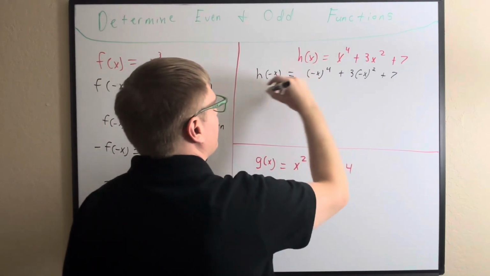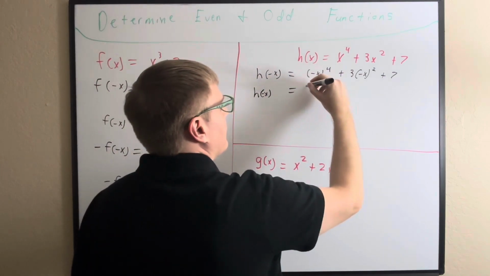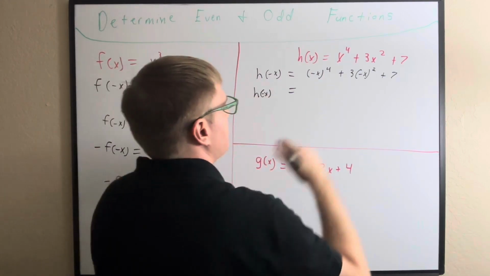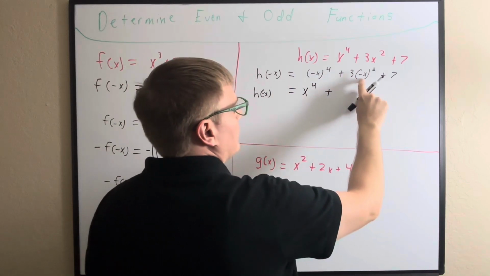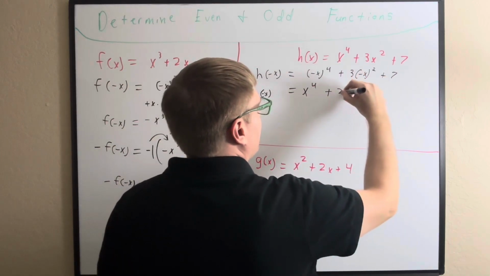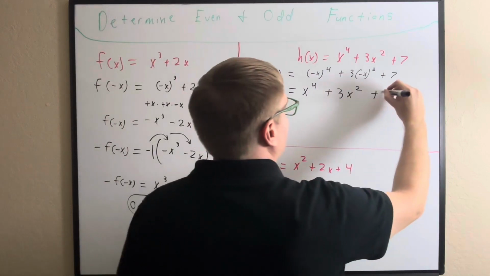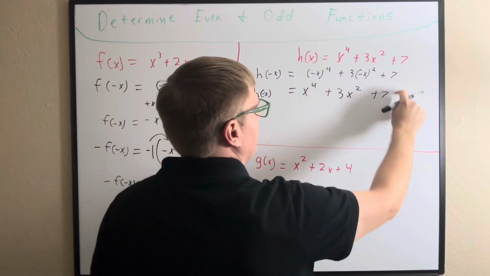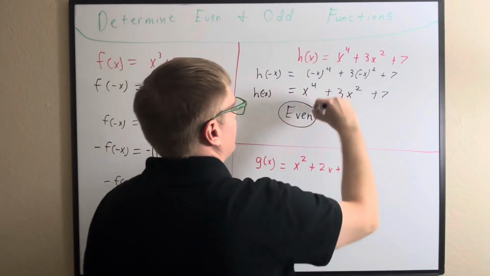So we're left with x to the 4th, plus negative x times negative x, positive x squared, plus 7. Is that the original function? Yes. So it is, in fact, even.